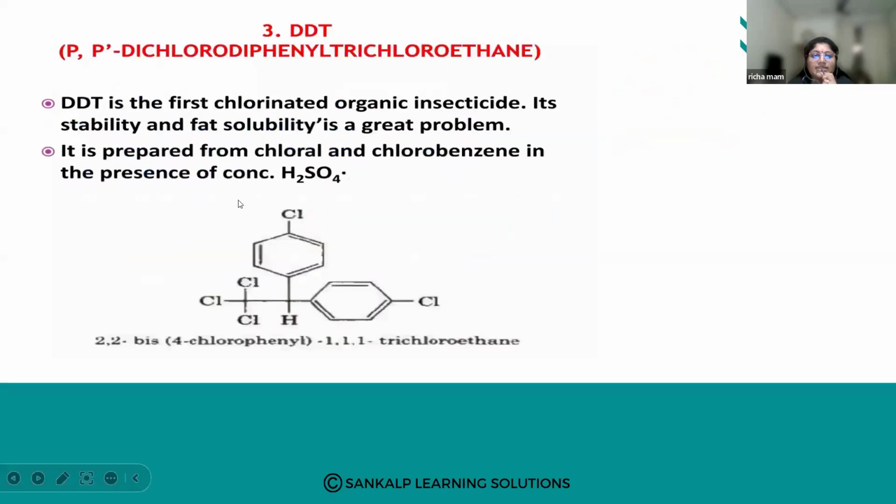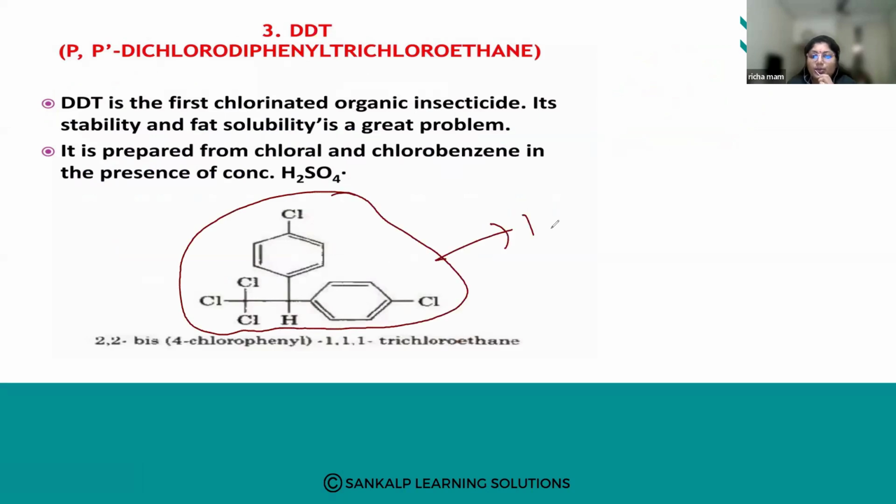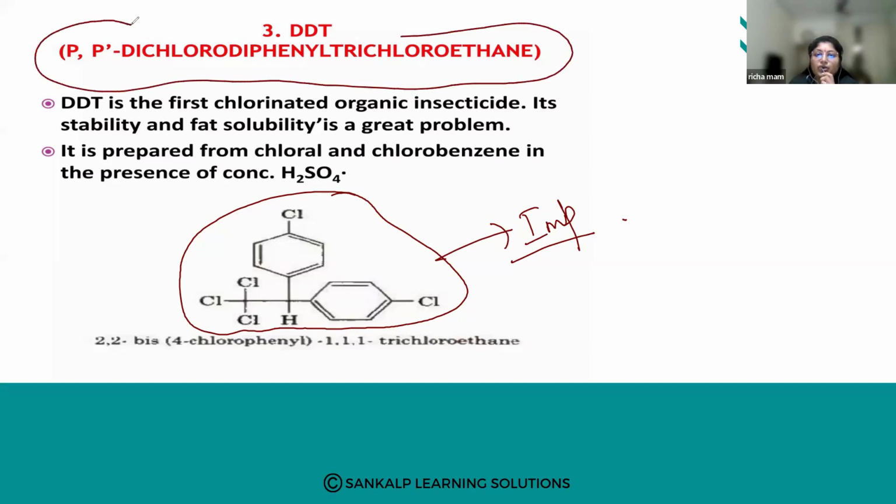Okay, next is DDT. In DDT, what is important is you need to know the structure of DDT. Very important. The name is dichloro diphenyl trichloroethane. So you need to know the DDT full form and the structure.